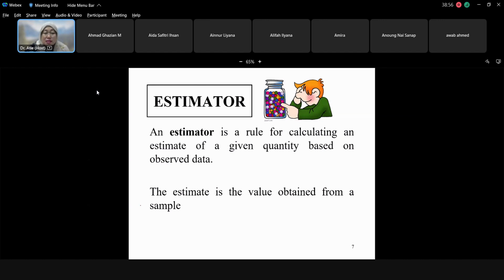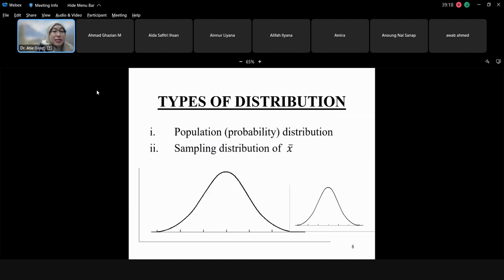Estimator is actually the same as statistic, so we can say either one. Estimator and statistic mean the same thing.